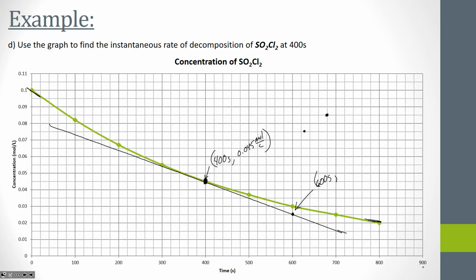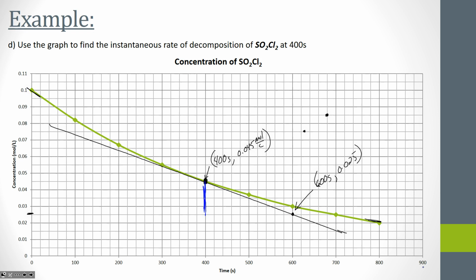According to the graph, it's actually not going to be 0.03, it's going to be 0.025, if I look on that scale. There it is.